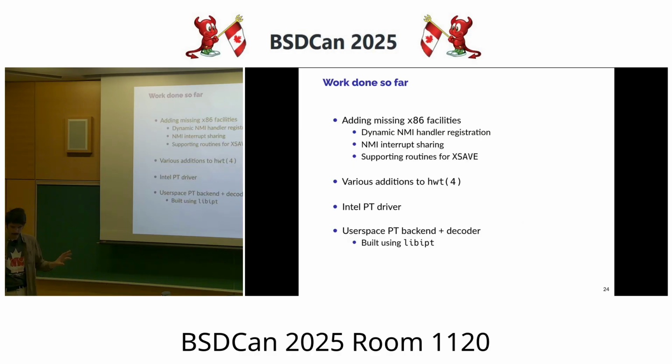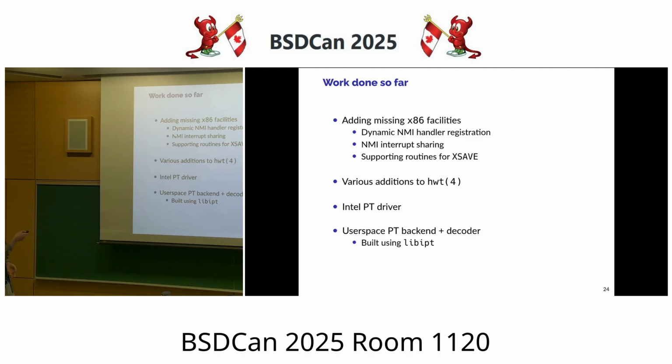So I'll just briefly touch upon the work that went into adding all of this that I just showcased. First off, when I initially joined Ruslan's efforts for adding more devices to this framework, I quickly found out that we have a lot of things missing in the x86 specific code in FreeBSD. The problem here is that the performance monitoring counter subsystem and this driver use the same interrupt line, which makes it a bit tricky to share if you don't have support for doing so.